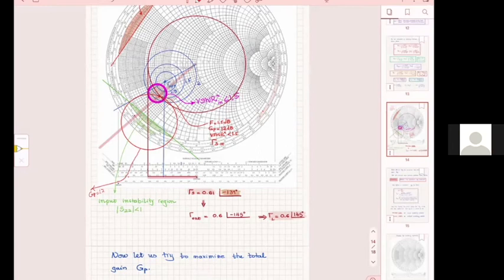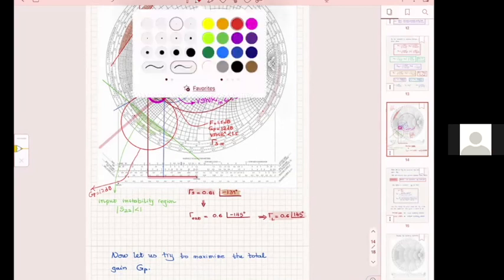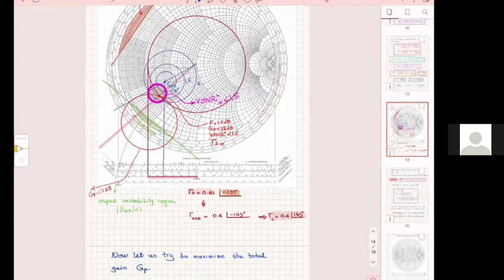But the G sub P equals 12 dB circle has one point where it intersects the 1.5 dB noise circle, and it happens to be within the VSWR circle, at the fringe of the noise, 1.5 dB.